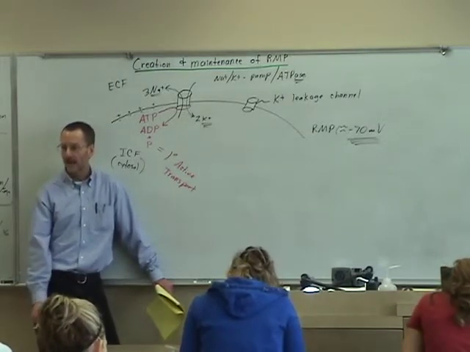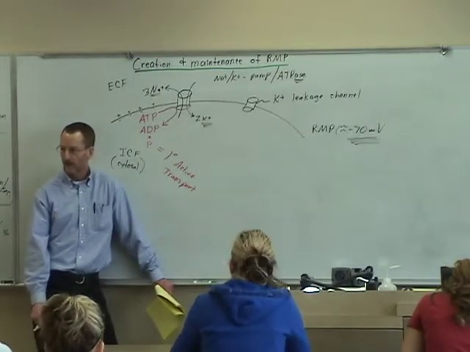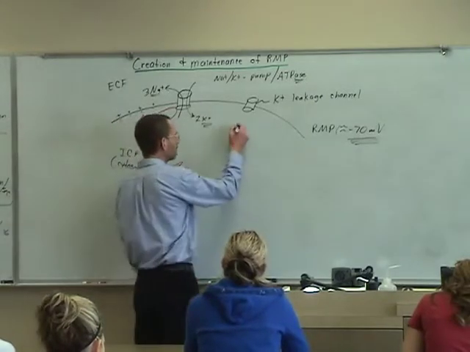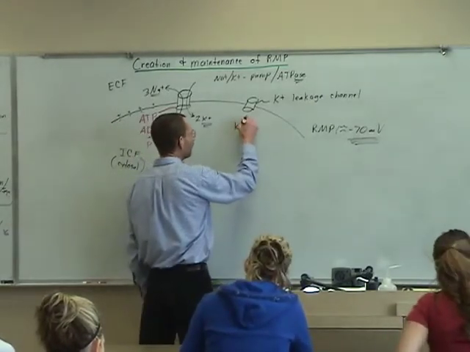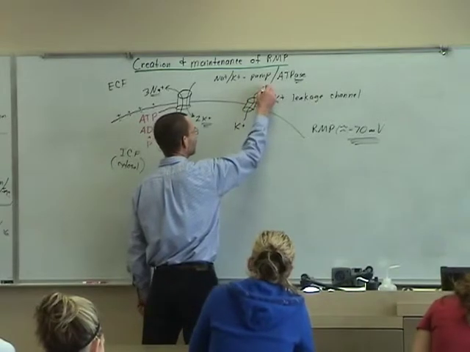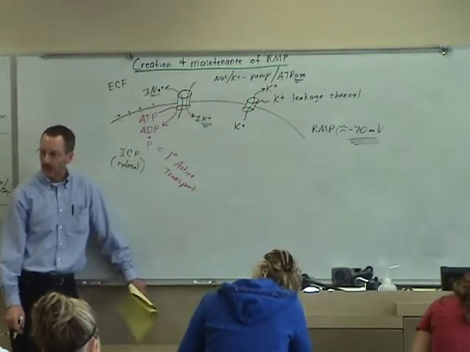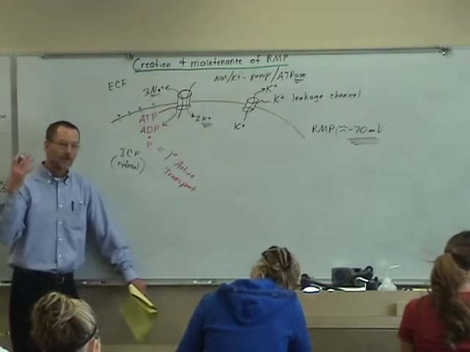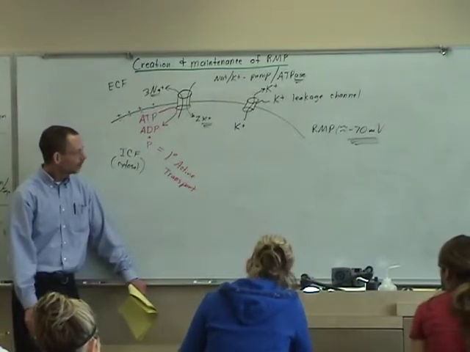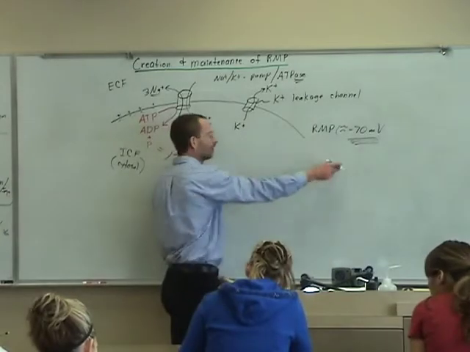Which way is potassium moving? Good. It's going from where there's more potassium to where there's less. So more potassium diffuses out through that leakage channel. That's a major component of this minus 70.